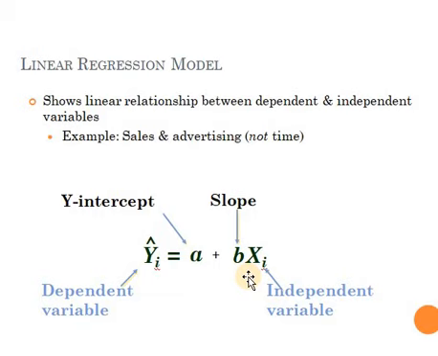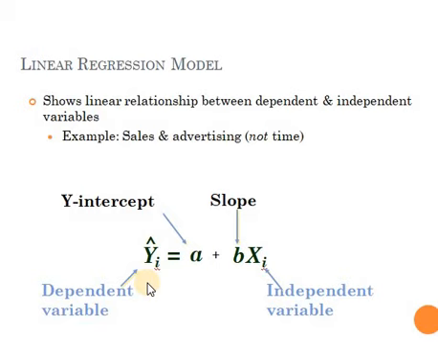Now with the linear regression, x will be an independent variable. Here in this case, I took the example of advertising. I will see if advertising is the independent variable. If I made, let's say, 3 advertisements this month, what will be the dependent variable, which is here the sales? Will the sales increase?